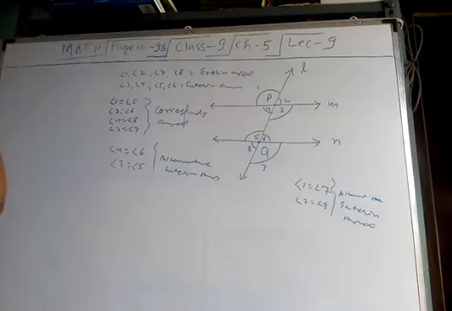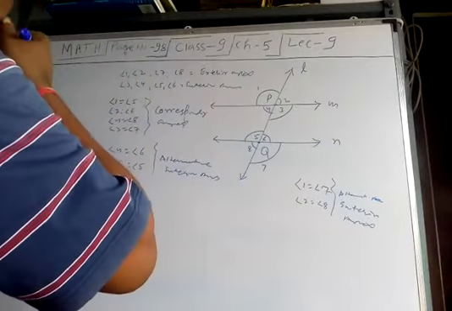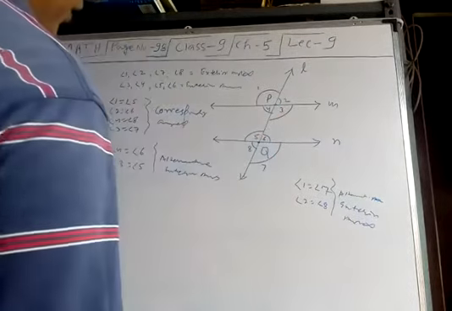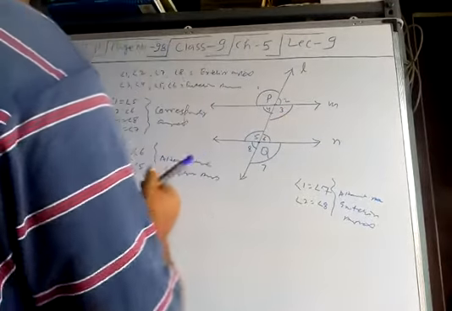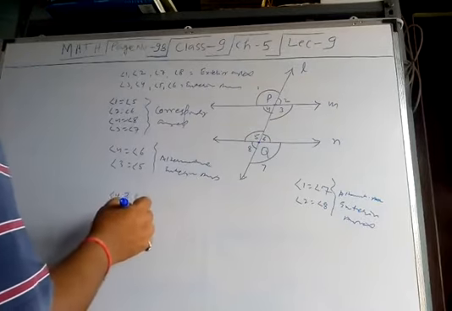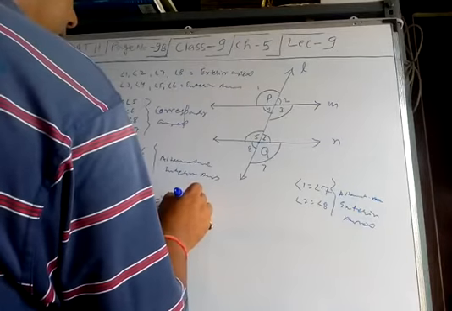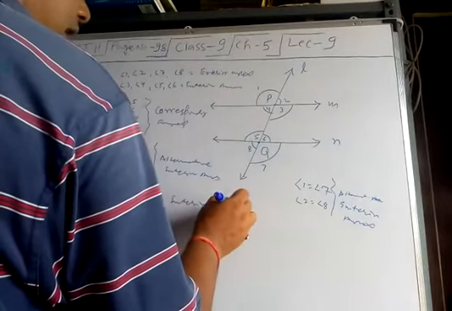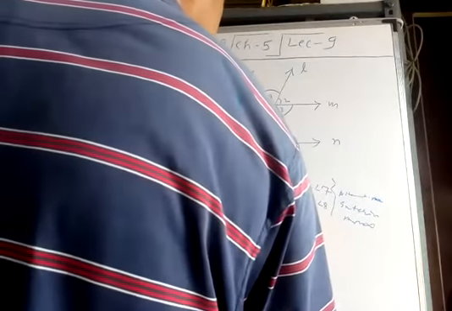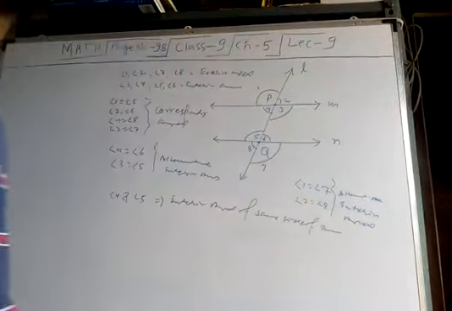Now interior angles on the same side. There are four interior angles, 3, 4, 5, 6. So angle 4 and angle 5 are both interior angles on the same side of the transversal.